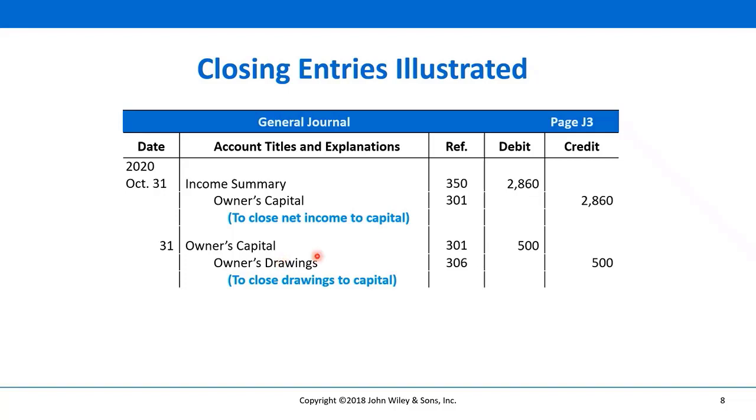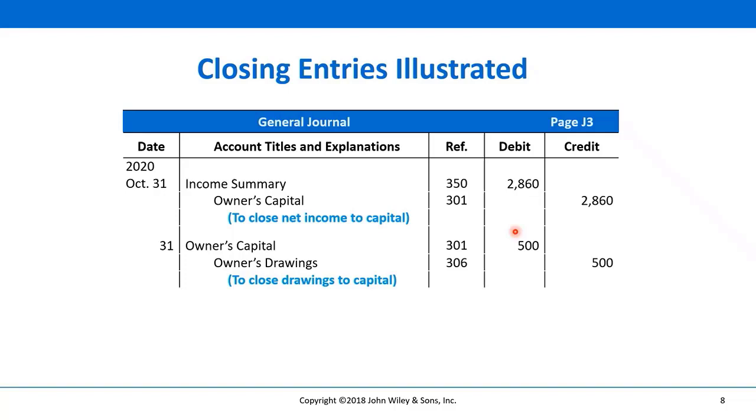So actually what is happening here is that on the revenue and expense we are getting profit, and by this entry the profit is being transferred to the owner's capital. Profit is increasing the owner's capital, right? And drawings normally decrease the owner's equity. So by doing this last closing entry, we are actually transferring the owner's drawing balance to the owner's capital, and actually the drawings are not increasing, rather they are decreasing the owner's capital.